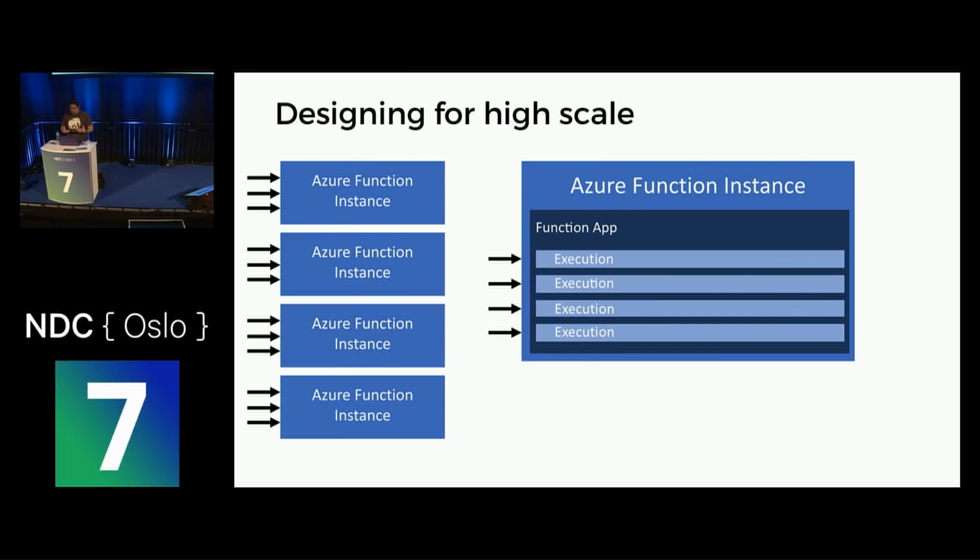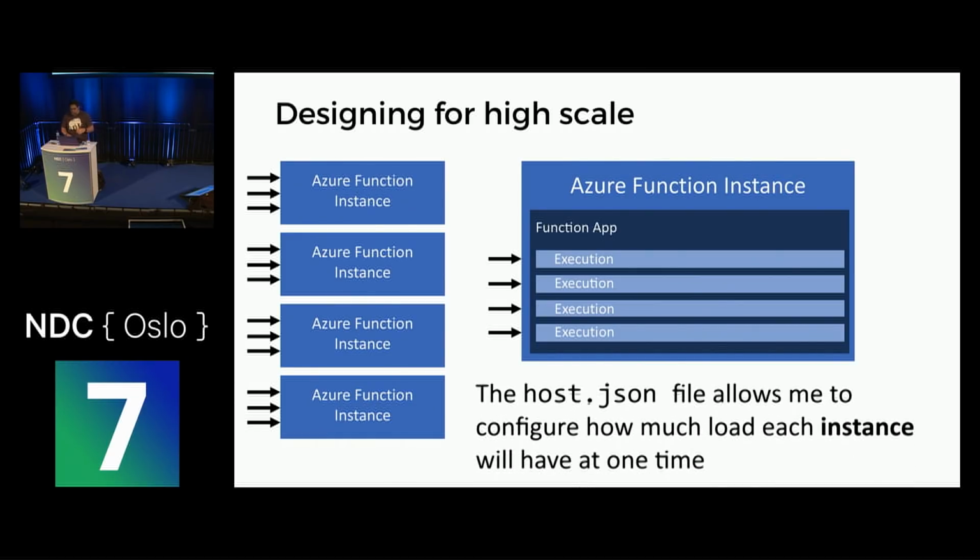So you want to make sure that your function isn't having to execute too much on a single instance. Now in Azure Functions, just so you know, a single instance is 1.5 gigs of memory and one core of CPU. So you can think in terms of how much I can process in 1.5 gigs of memory and one core of CPU.